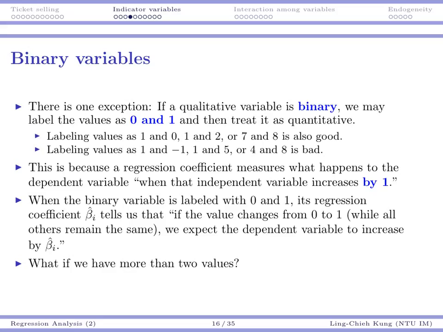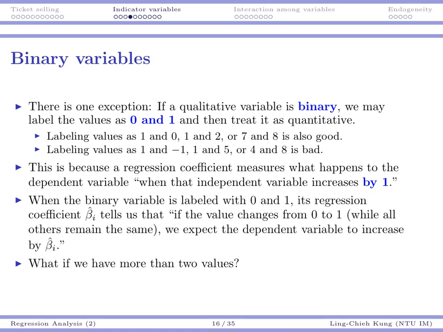There is one thing that we need to know. When we have a qualitative variable, we cannot just use its numeric values to do regression. But if a qualitative variable is binary, then we can do something. First, we may label the values as 0 and 1, and then treat it as a quantitative variable.